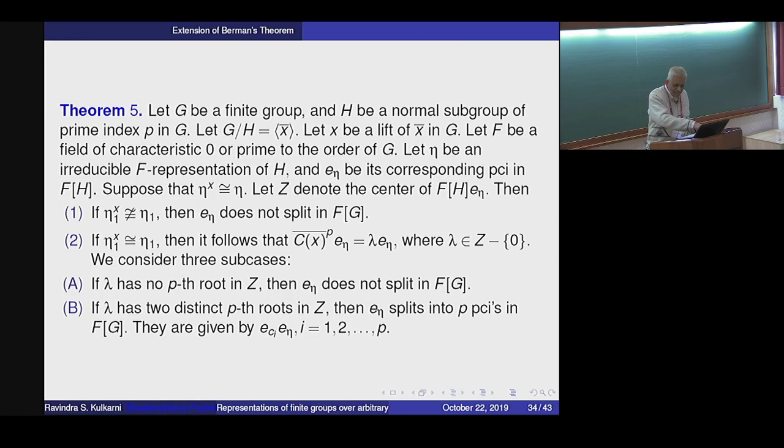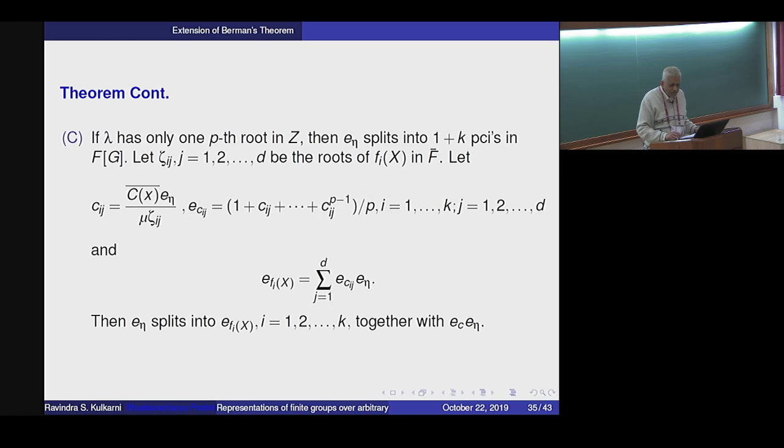This lambda, we reduce to the case where lambda is not 0. And if lambda has no pth root, then that idempotent just continues. An idempotent of eta is an idempotent also in Fg. If it has two distinct pth roots, then it has all the pth roots, and then this idempotent will split into p idempotents.